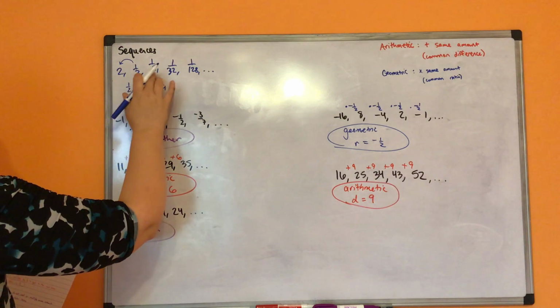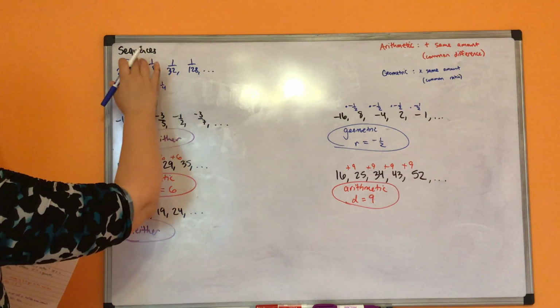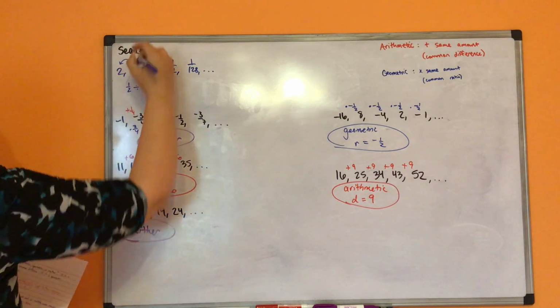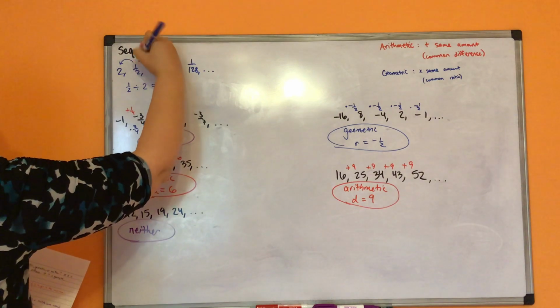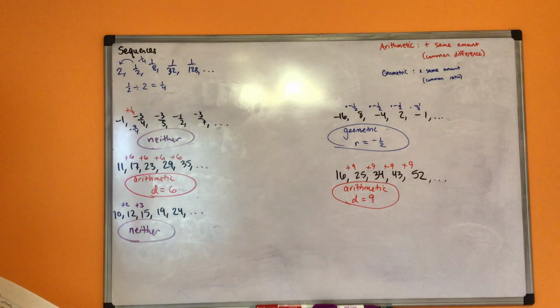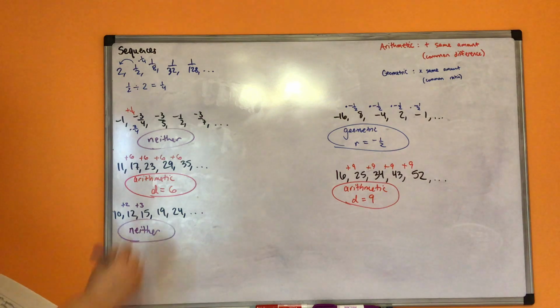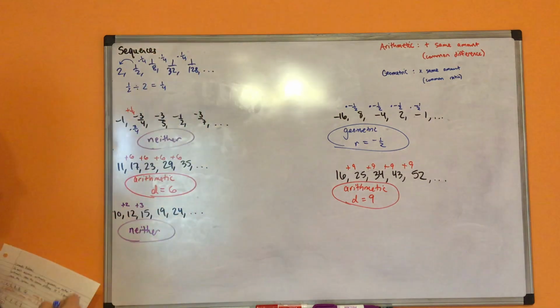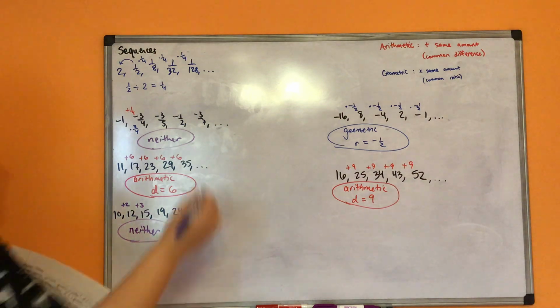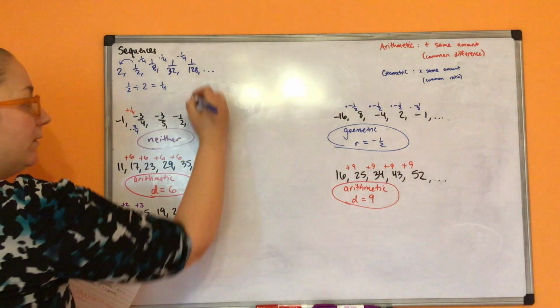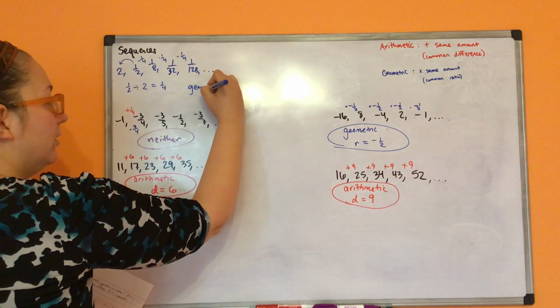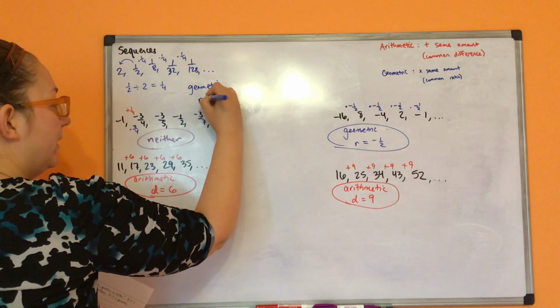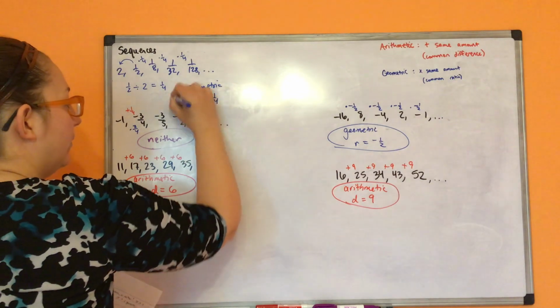To get from 2 to 8, I multiply by 4. To get from 1 to 1, I multiply by 1. So the other way you can think of this is multiplying by 1/4. So whatever works for your brain. It is consistently that we are multiplying by 1/4 every time to get from one number to the next. So since I'm multiplying by the same amount every time, this one is geometric. And our common ratio is 1/4.